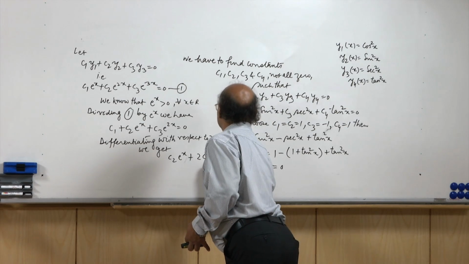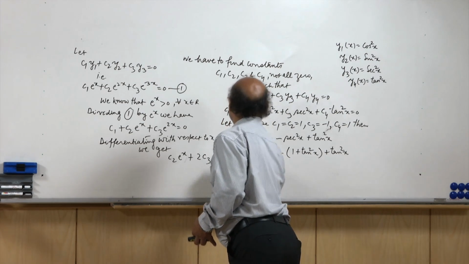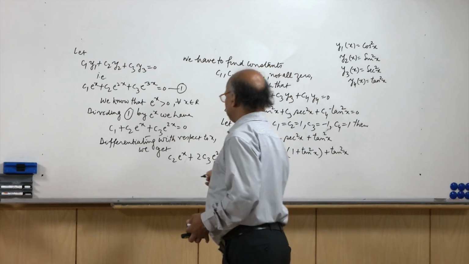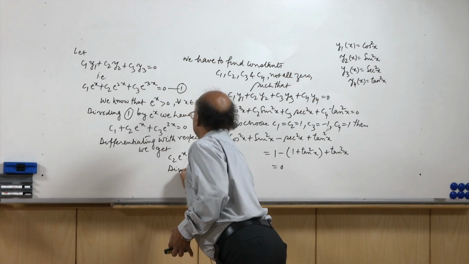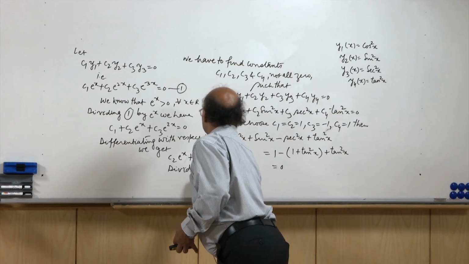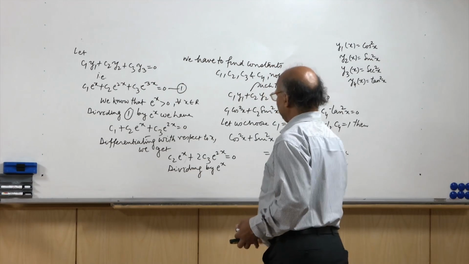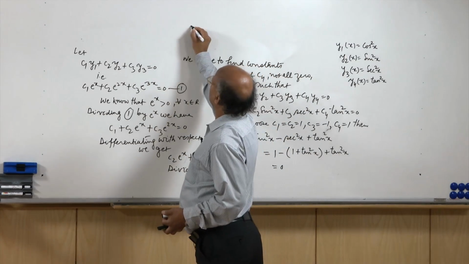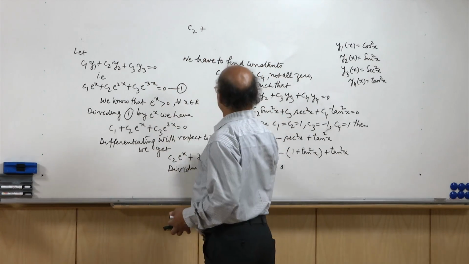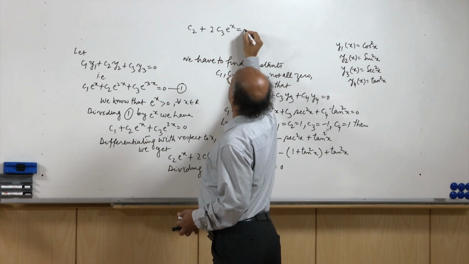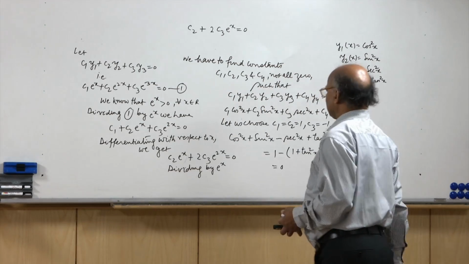Now we again divide by e to the power x. So dividing by e to the power x, we will get C2 plus 2C3 e to the power x equal to 0.